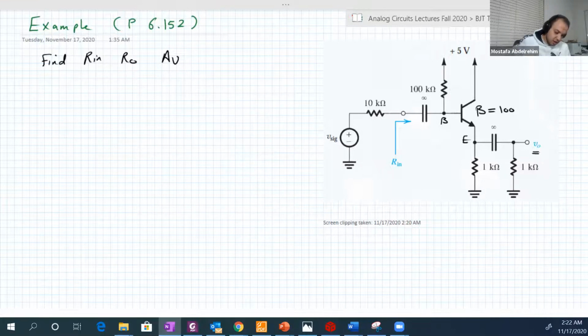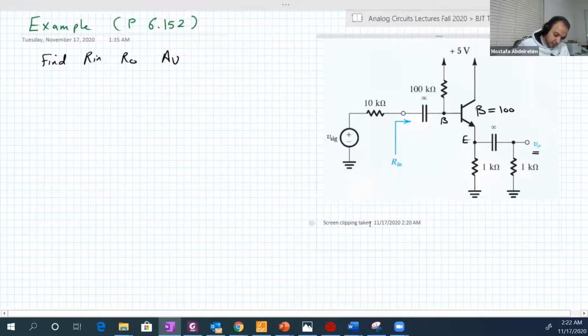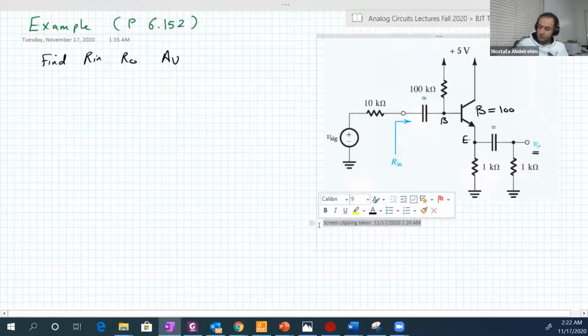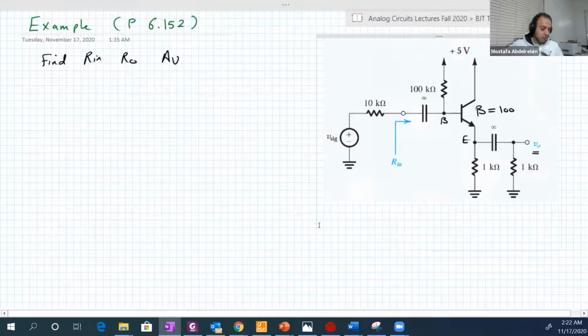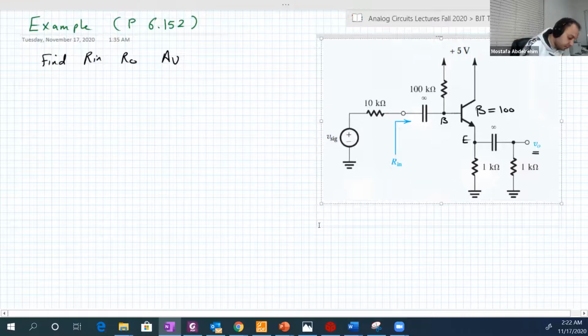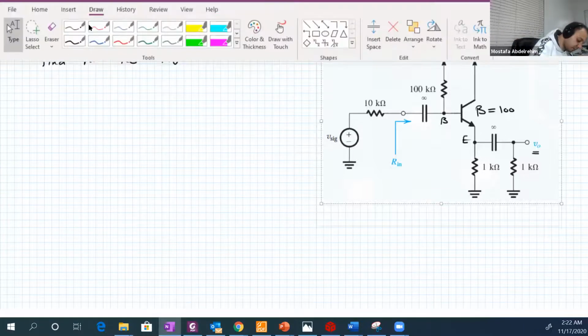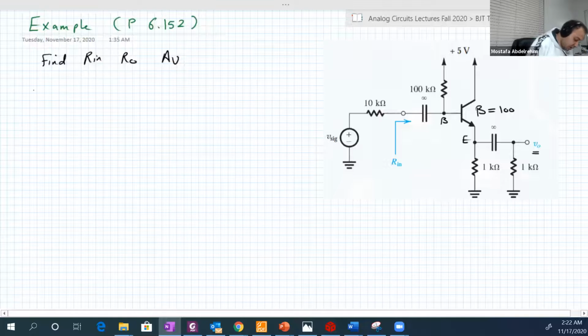Okay, let's remove that thing here. Okay, so let's solve it. Solution. Okay, so first DC analysis.